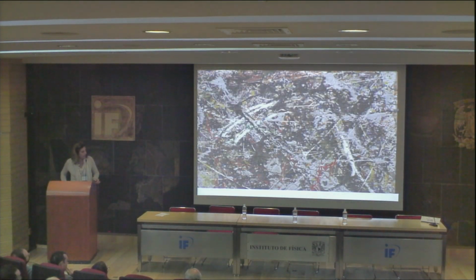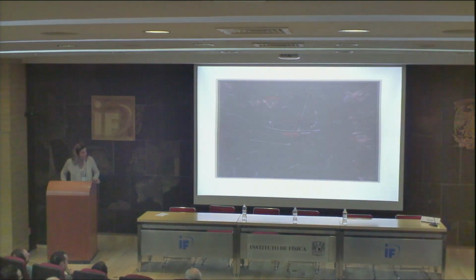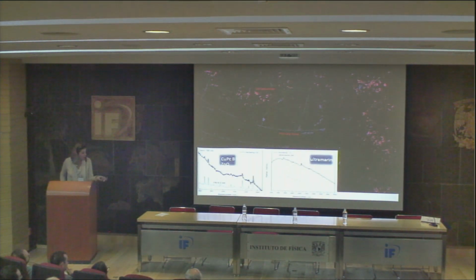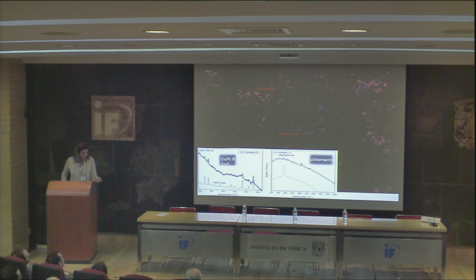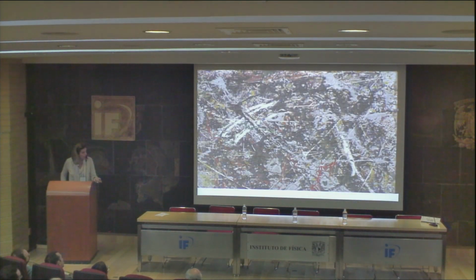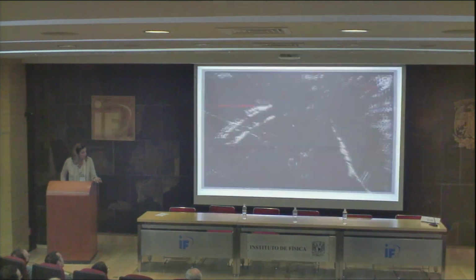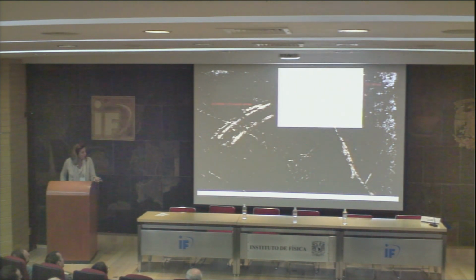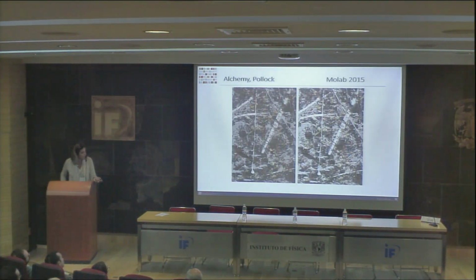And again, after selecting the single pigment, we can make false color images in order to recognize the pigment and discriminate ultramarine from phthalo blue. And the group from Perugia made measurements in order to also acquire the spectra of the pigments. And again, in that part of the painting, we applied digital masks in order to select the yellow and the white color, and then recognize them by measuring with XRF and so on.